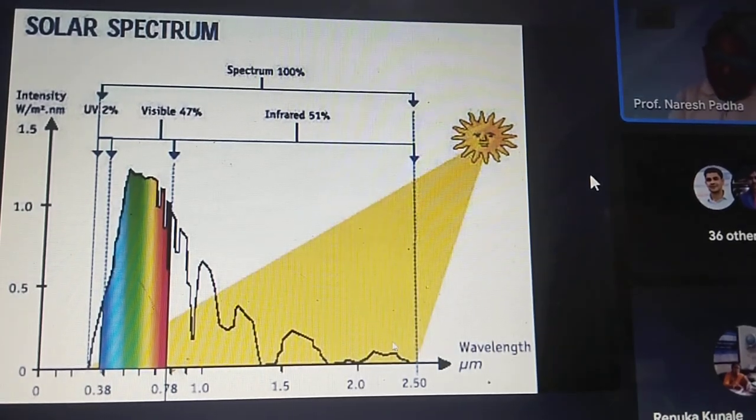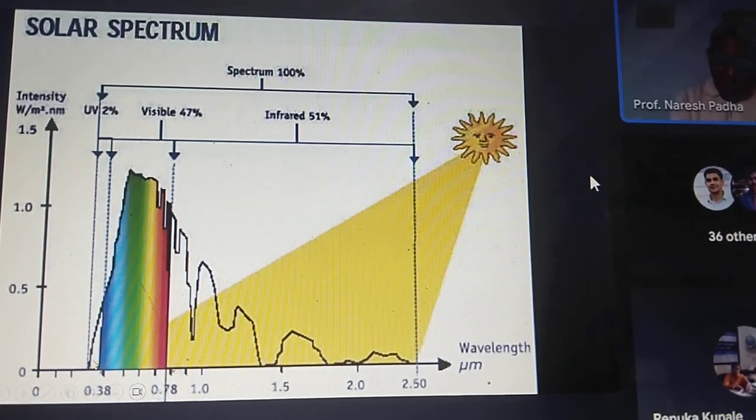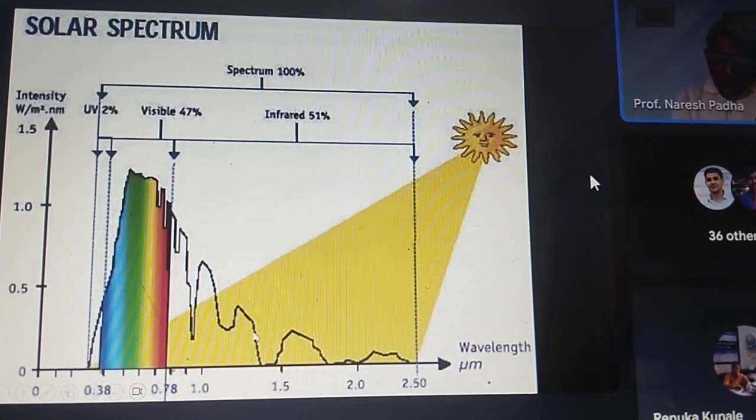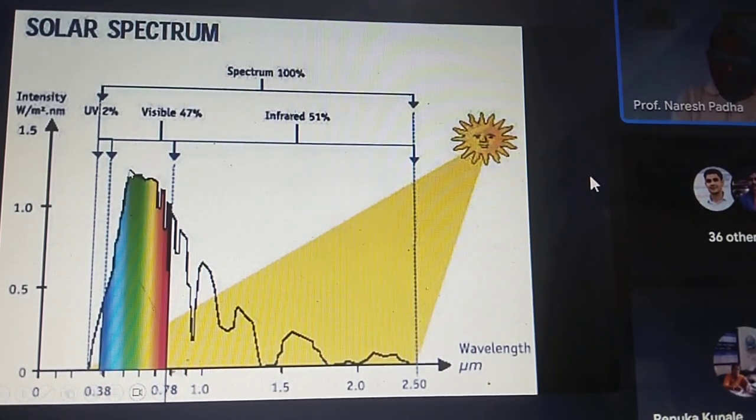And moreover, if you analyze the solar energy spectrum, you will find ultraviolet 2%, visible light 47%, and infrared 51%. Although the intensity is the highest in the visible light.